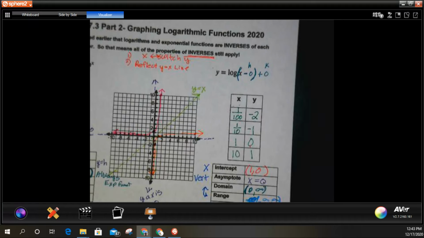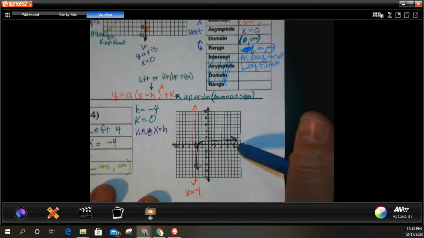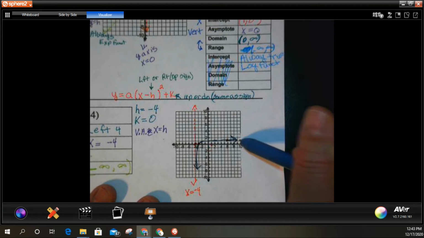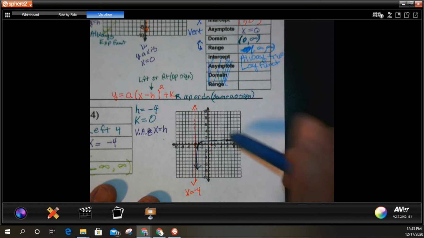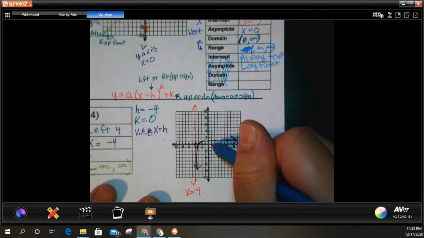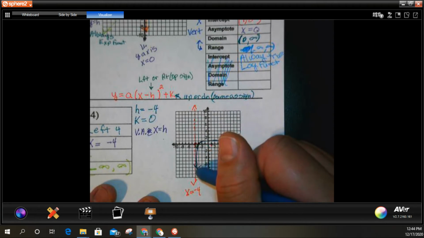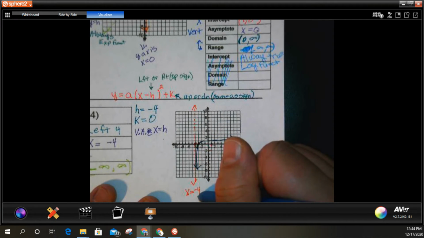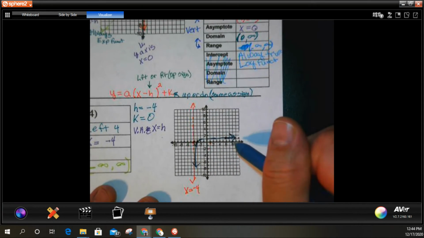So my 10, 1 shifted over 4. 1, 2, 3, 4 now becomes 6, comma 1. My 1, comma 0 became shifted over 4 to the left. 1, 2, 3, 4. -3, comma 0. And it's going to hug that asymptote at the vertical line x equals -4, but never touch it. And here's a pretty good sketch of this particular log. It's the parent function shifted 4 units to the left.